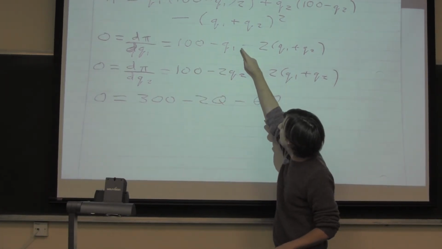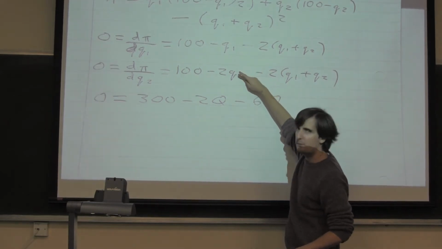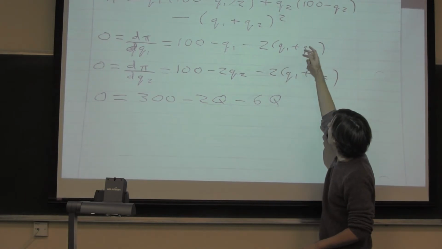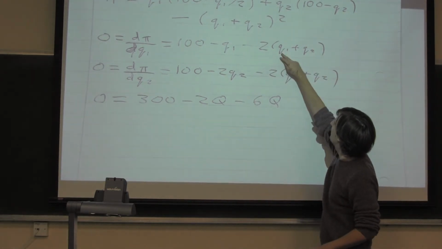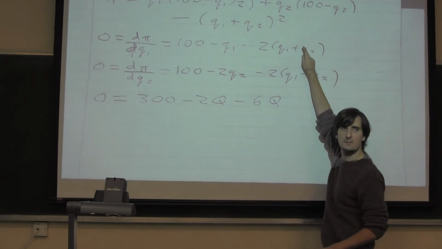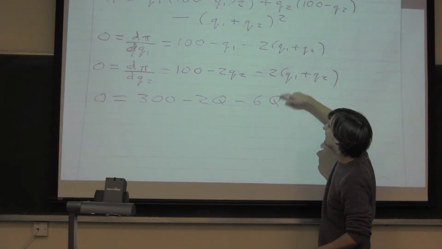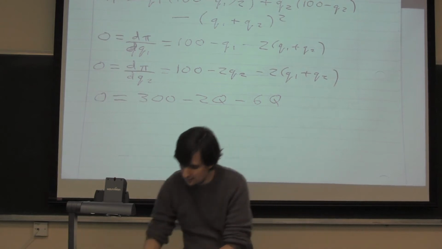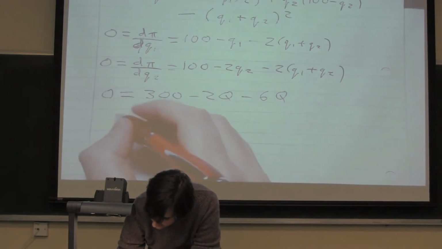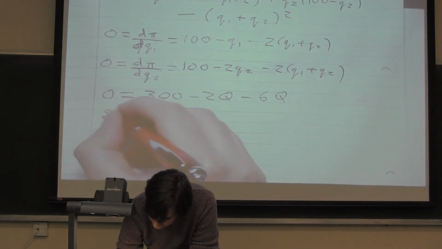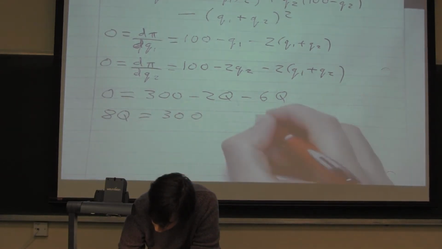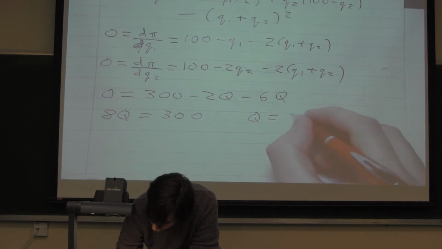We get 2 times Q1 plus 2 times Q2, which is 2 times Q. We get 4 times capital Q plus 2 times capital Q, which is 6 times capital Q. So 8Q is equal to 300, so Q is equal to 300 over 8.